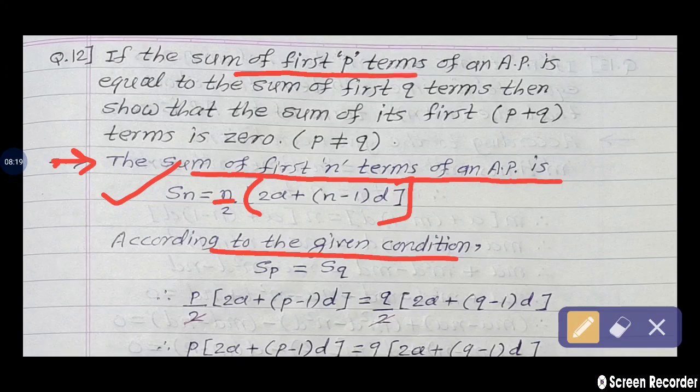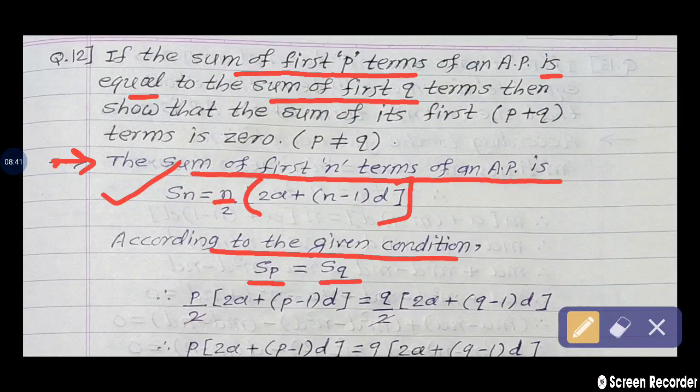Sum of p terms is equal to sum of q terms. So Sp is equal to Sq. Use the formula of Sn in the form of Sp. How many terms? p terms, and Sq means q terms.